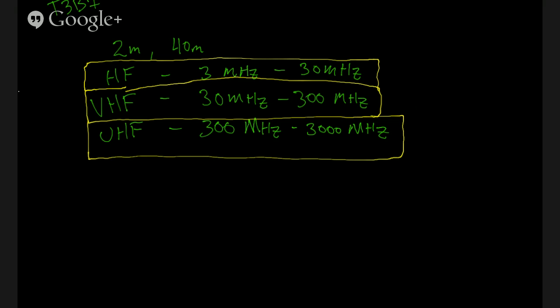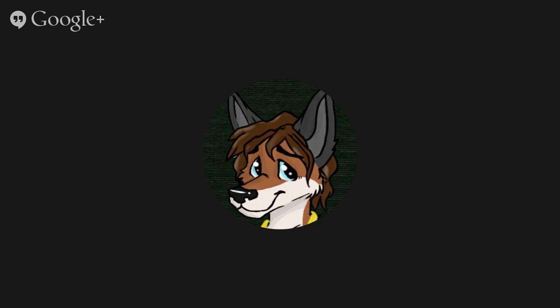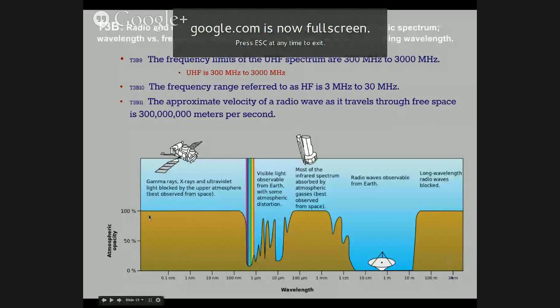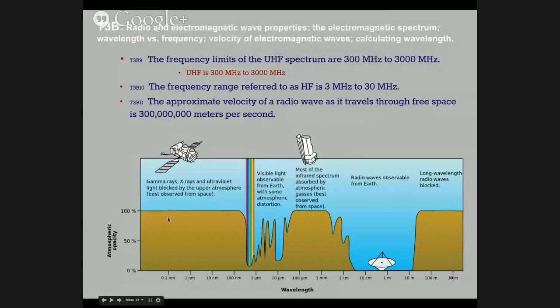I'll go ahead and show this graphic here. That's, oops, that is not what I wanted. There we go. We see here certain portions of different wavelengths are blocked by our atmosphere, which is everything in HF.